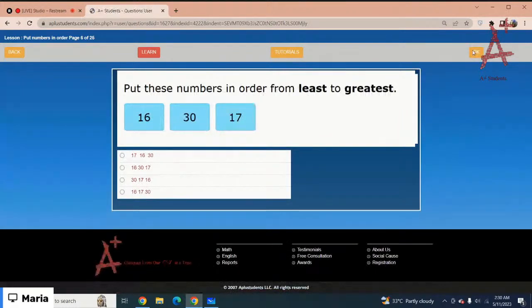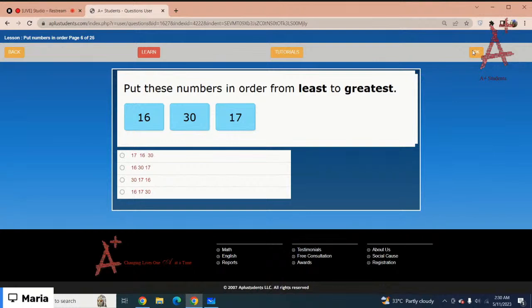Put these numbers in order from least to greatest. So which is the correct option? It would be 16, 17, and 30.